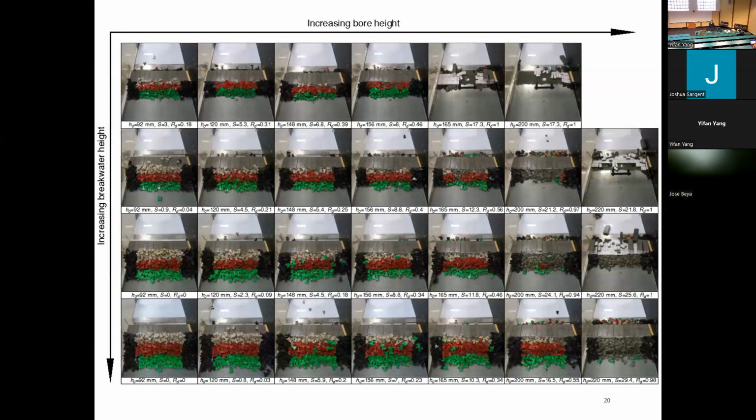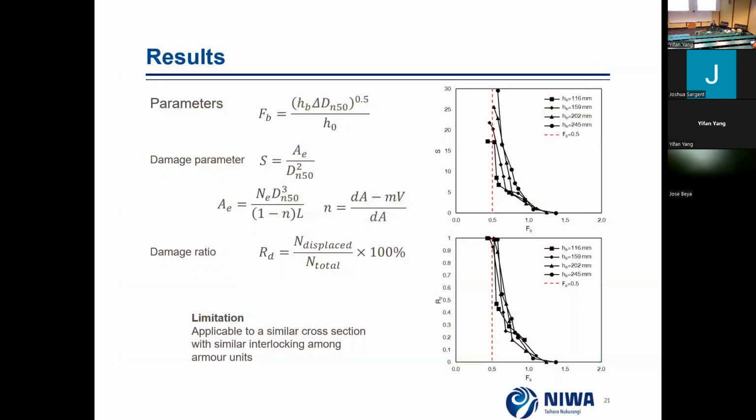So we need to quantitatively analyze the damage, and we posed a parameter called FB. So FB is the stabilizing strength divided by the destabilizing stress.